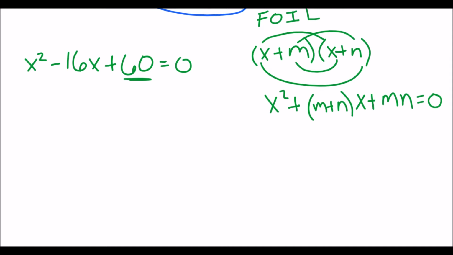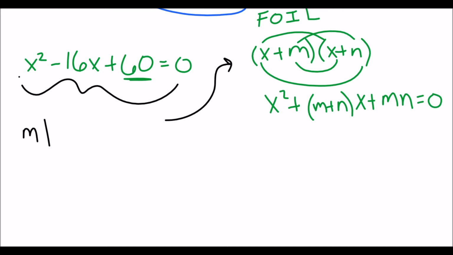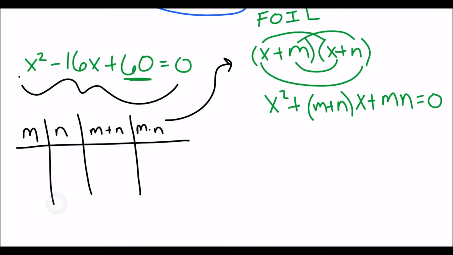If I was to take this equation to apply all of this to, I like to make a chart that has m, n, m plus n, and m times n as my categories.